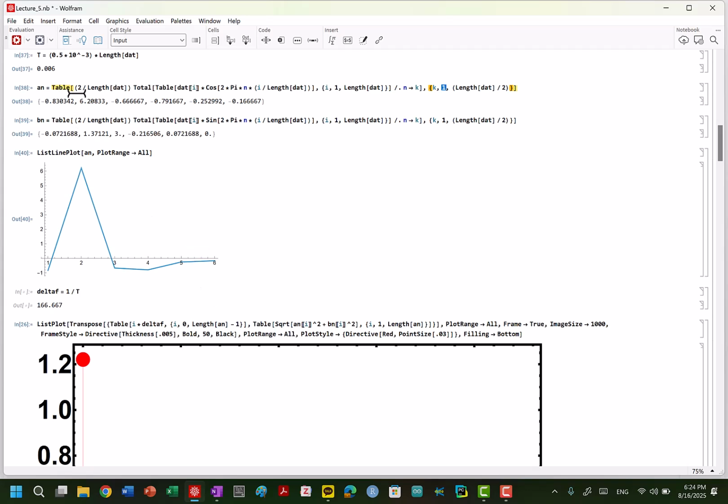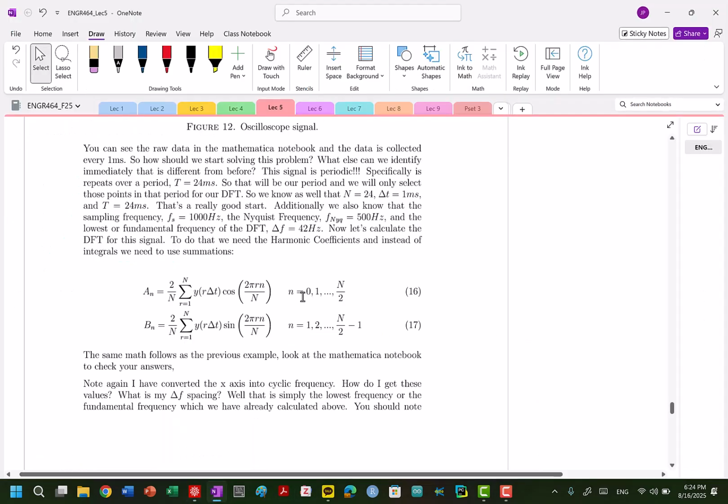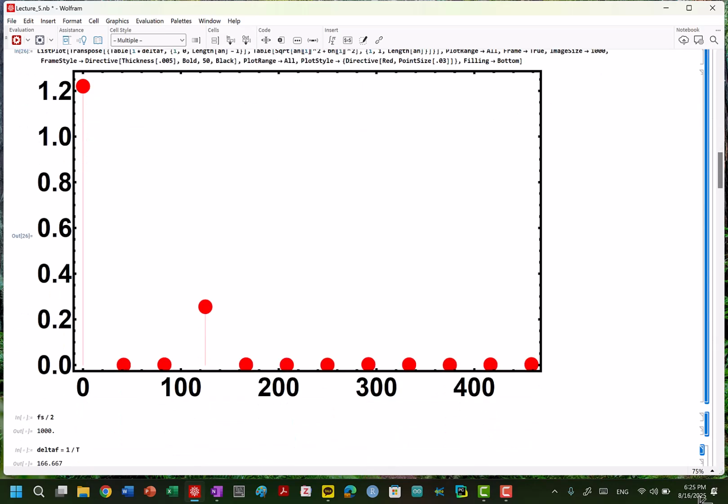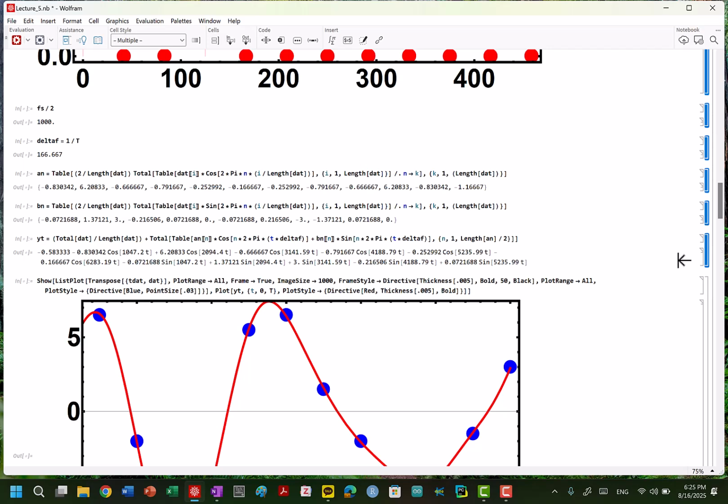In here, your data set is going from i from 1 to length of n, and then your number of harmonics is going from, well, you can still go from 0 to 1, but it's nicer to take care of this, because our Fourier approximation comes out the same either way.